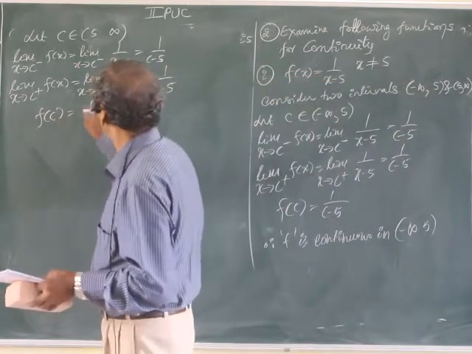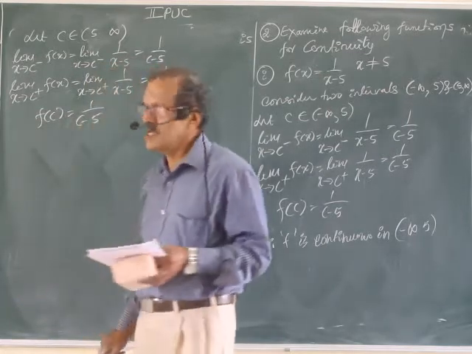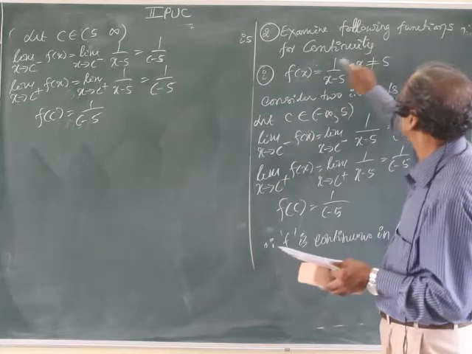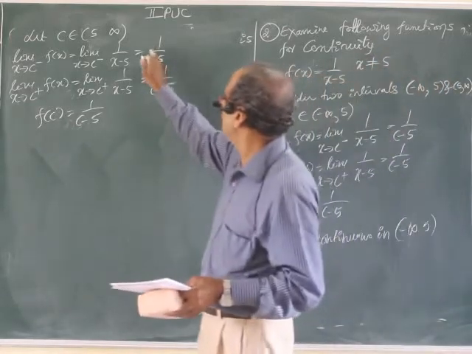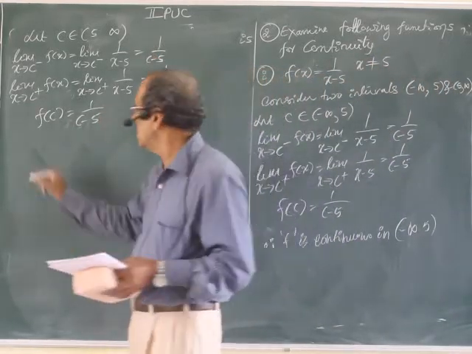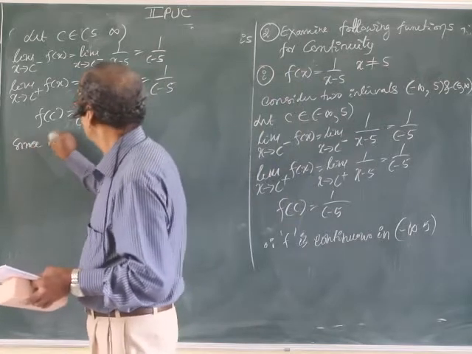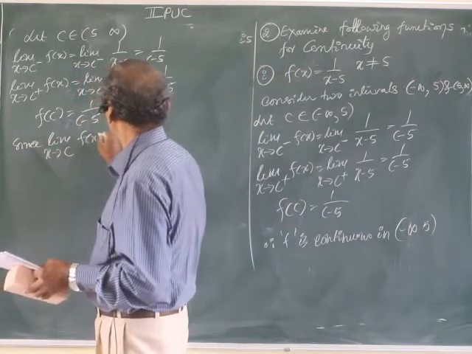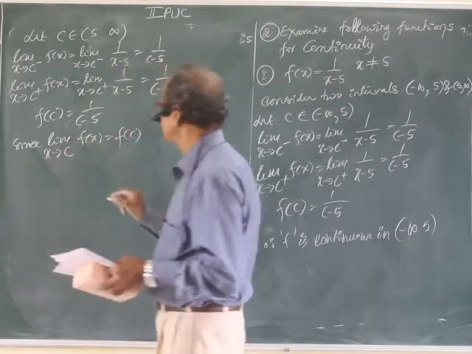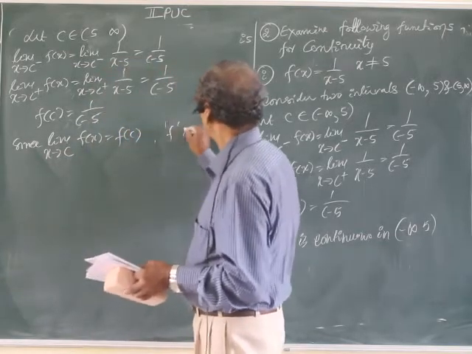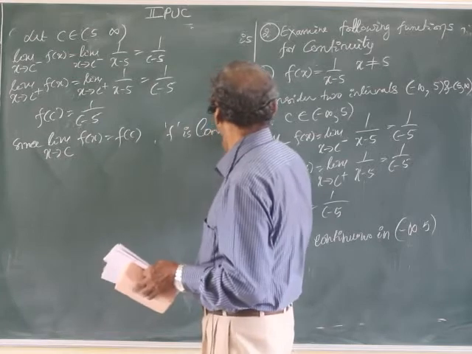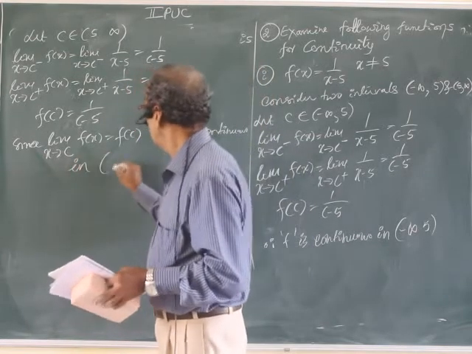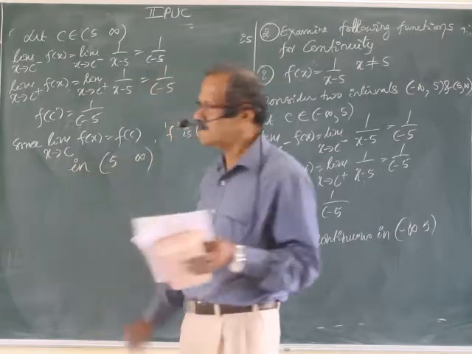F of C equals 1 by C minus 5 itself, putting x equal to C in the given equation. Anyway, all the three quantities are equal. Since limit x tending to C of f of x equals f of C, f is continuous in 5 to infinity.